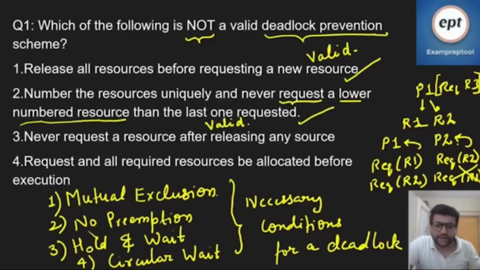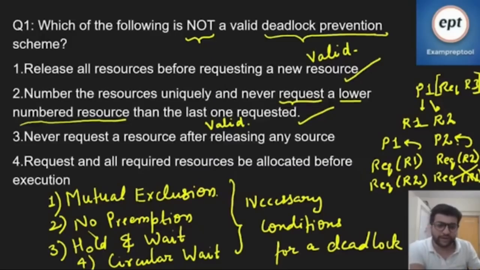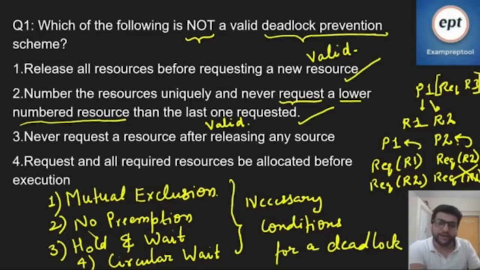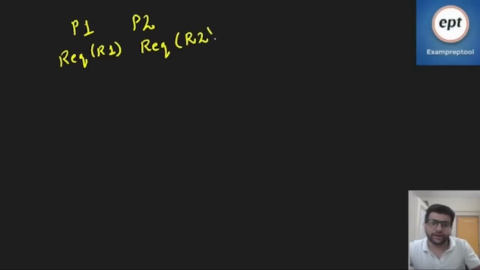And the third option says never request a resource after releasing any resource. So let's take an example. Let's say P1 and P2. We want to create a schedule such that it is not requesting a resource after releasing any resource. So let's say P1 requests the resource R1 and P2 requests the resource R2.